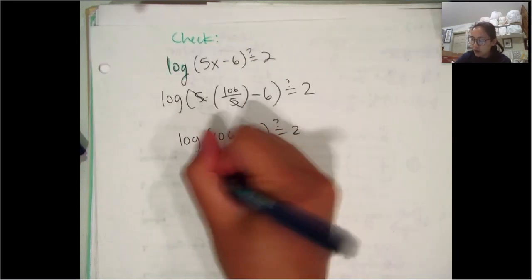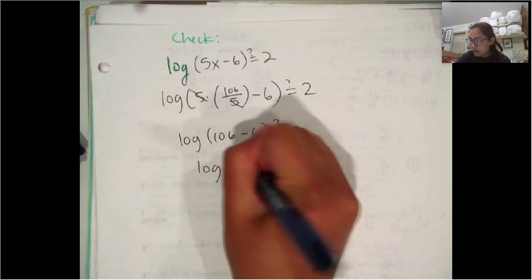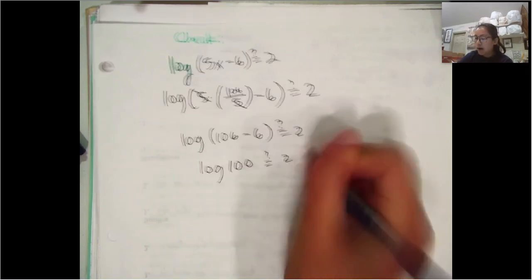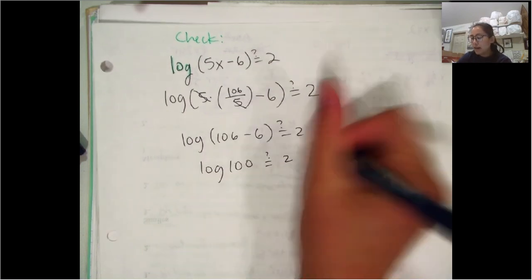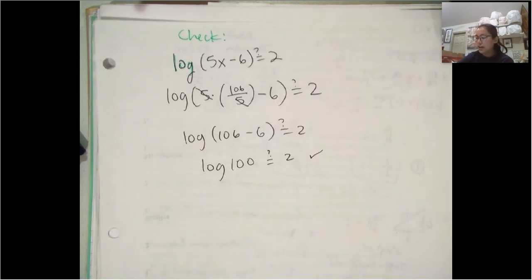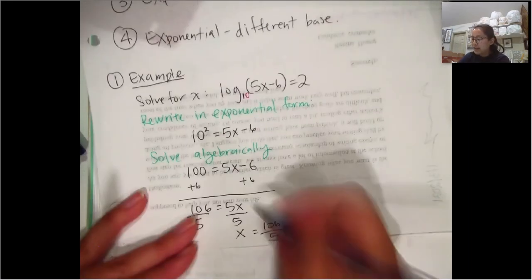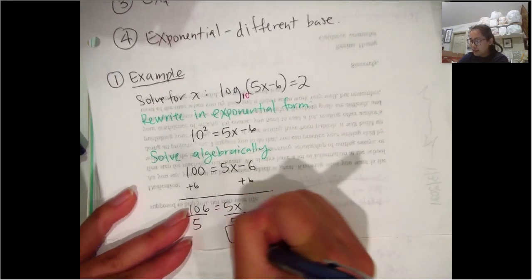Well, log of 100, does that equal 2? Well, does 10 to the 2 power equal 100? Well, yes, it does, and you can check that in your calculator. And so x equals 106 over 5.